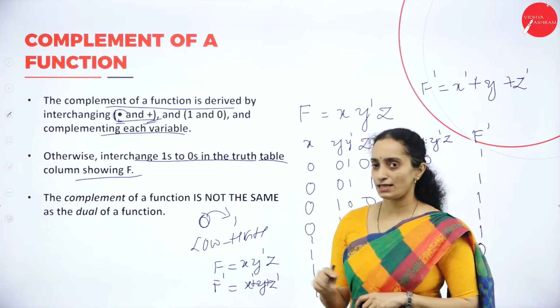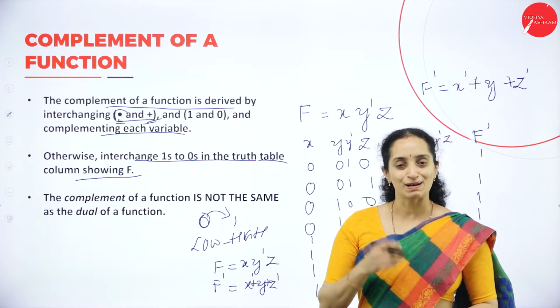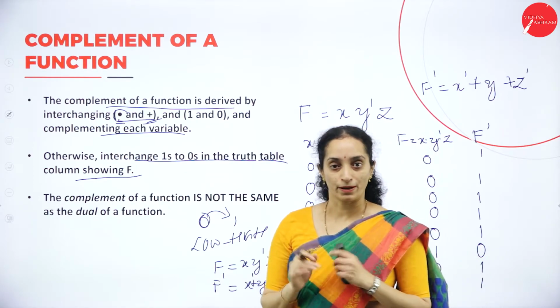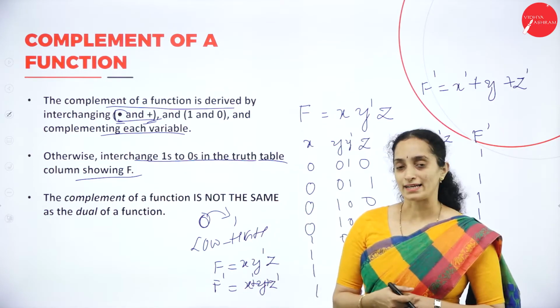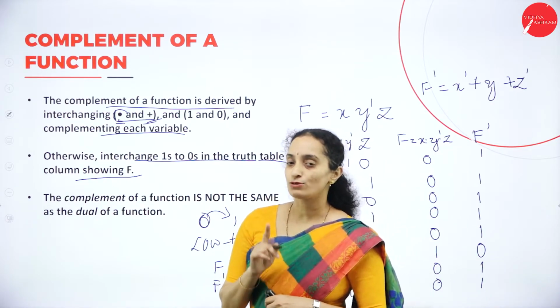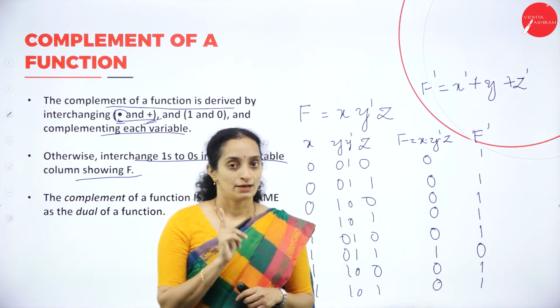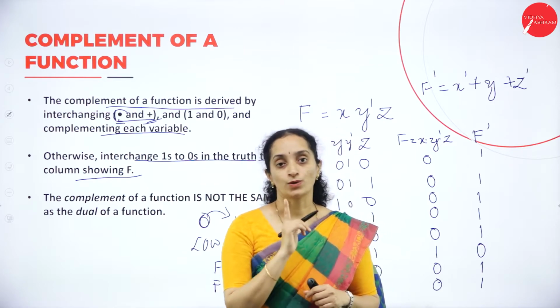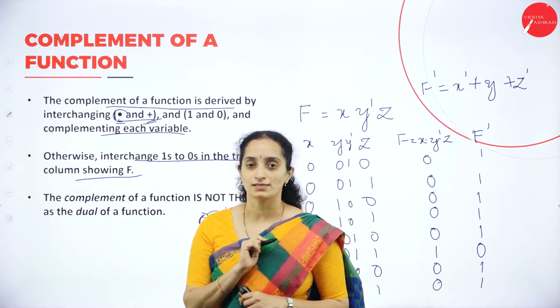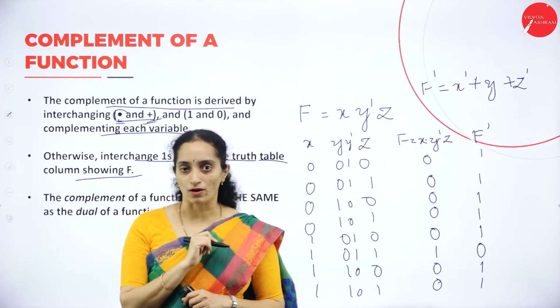So I have easily complemented this. Is there any method to do this, rather than doing it abruptly without any guidance or any theorems or postulates? You can make use of one theorem to find the complement. What is that? It is De Morgan's theorem.